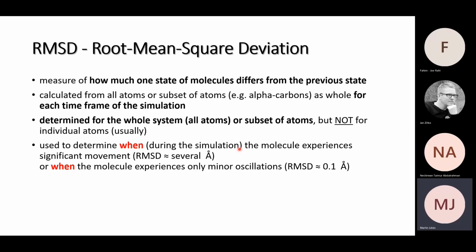Usually you do it for all atoms except hydrogens, because hydrogens are usually moving a lot and it doesn't really mean anything, it's just hydrogen. But what is more important is the backbone atoms or alpha carbons, or something that is not supposed to move that much, because if it does, then it means that the protein itself is moving, if we talk about proteins.